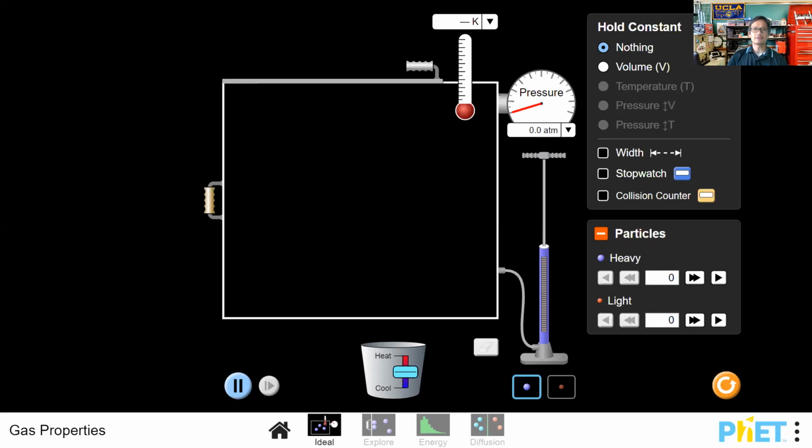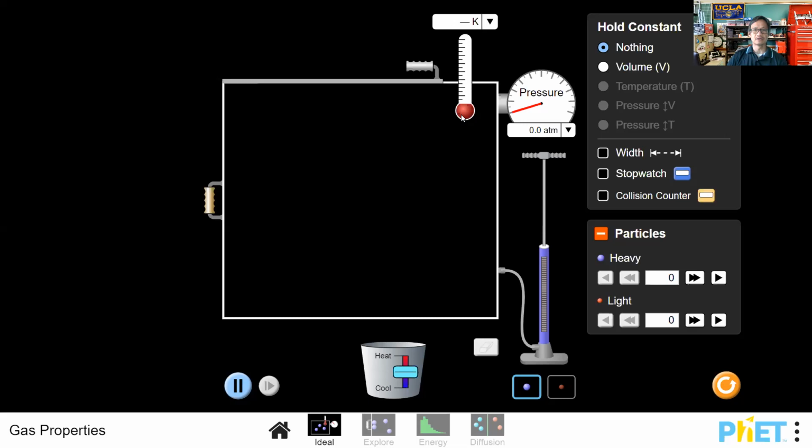Also, we're going to make note of the thermometer here, and at the initial state, the thermometer is at 0. My question to you, and I'd like you to answer this really quickly on your paper: why is the pressure here at 0? Why does the pressure gauge read 0? And secondly, why is the temperature at 0?